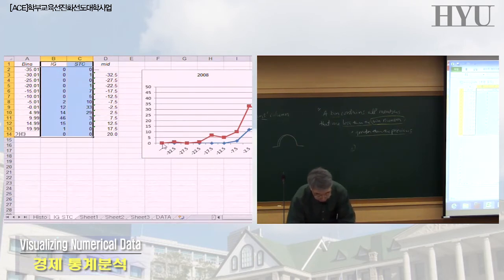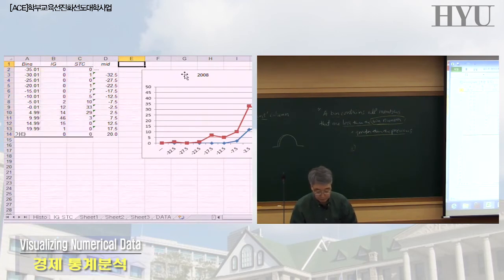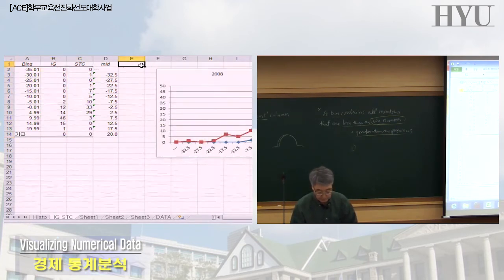For an ogive, you just need to create one more column, let's say cumulative percentage. What do you need to do? Let's use the cumulative frequency. The cumulative frequency for the first cell is of course equal to the first cell here.